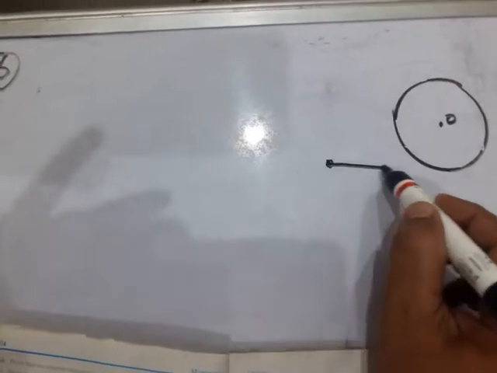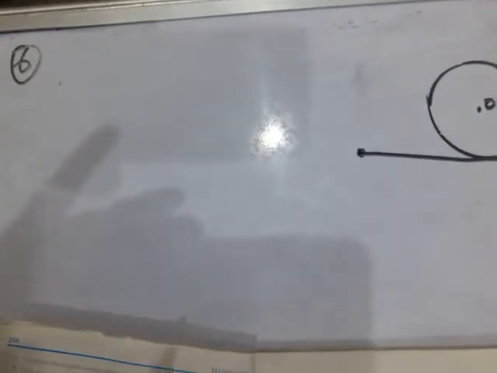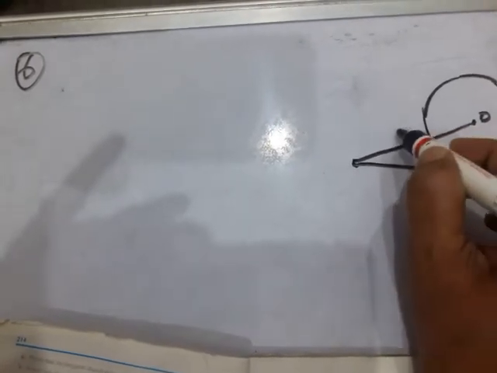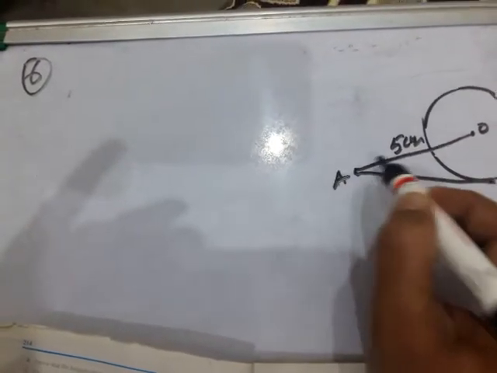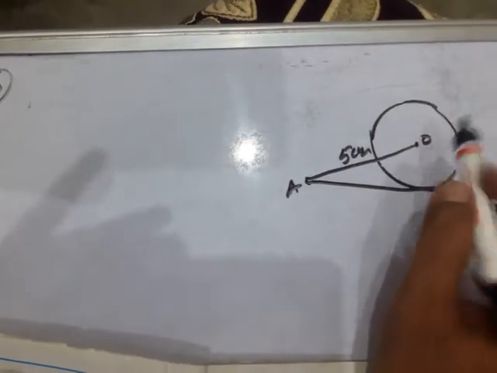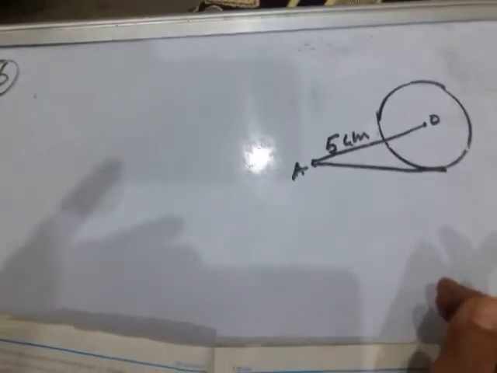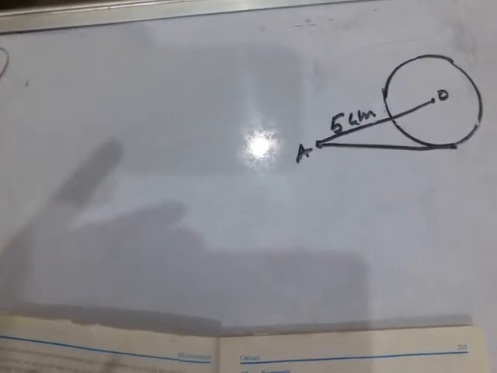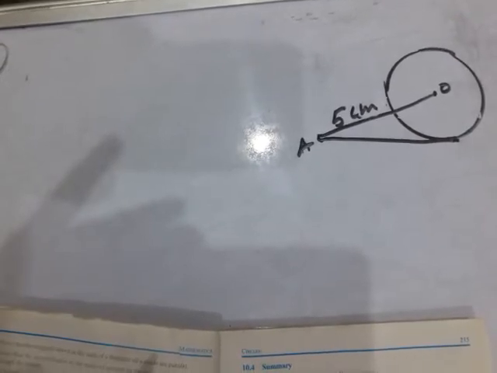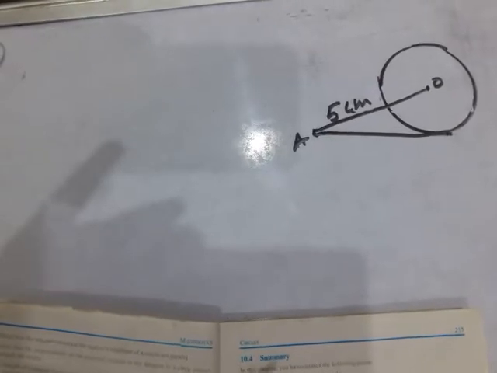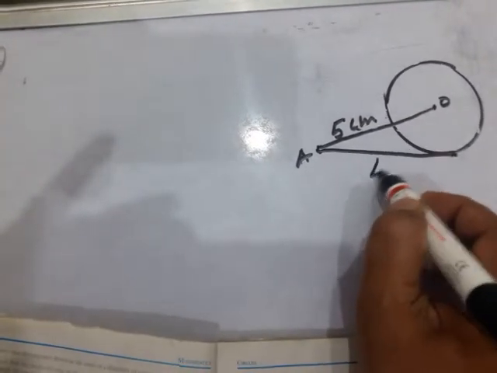Point A is 5 centimeter away from the center O. The length of the tangent from point A is 4 centimeter. Means the length of the tangent is 4 centimeter.